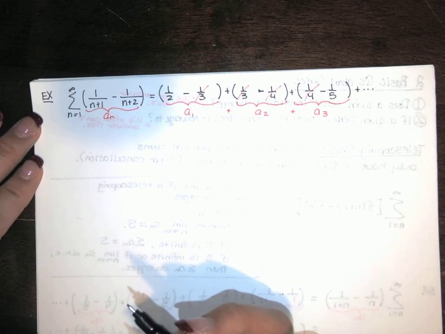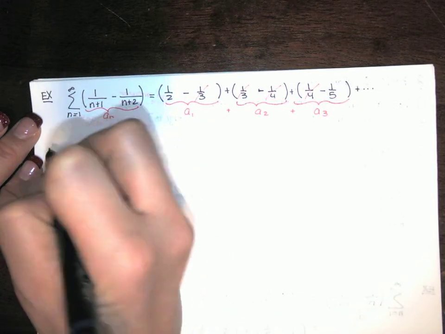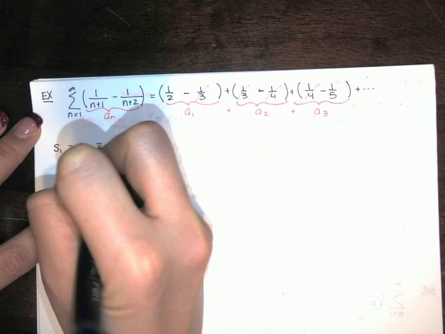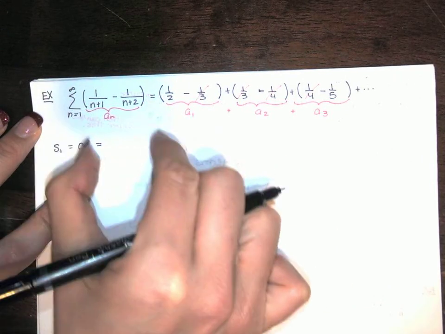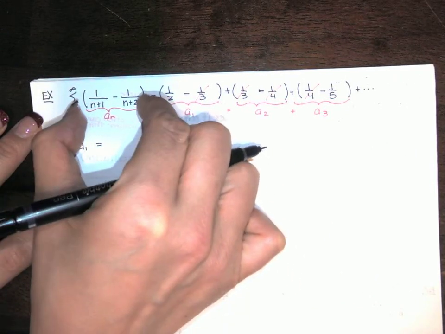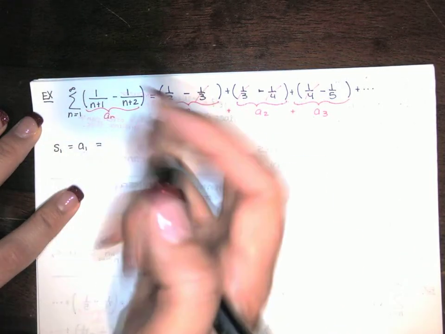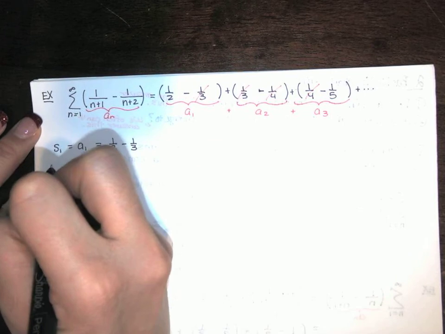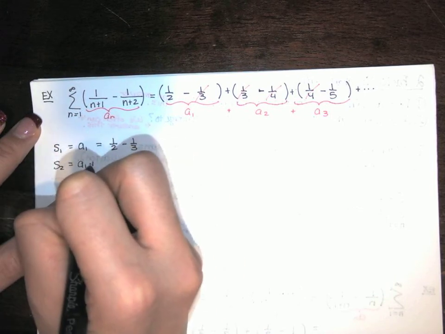So we're going to start by computing s sub 1, s sub 2, and s sub 3, and then looking for a pattern. So s sub 1 is just the first term. And I know the first term looks like it's got 2 terms in it. We're just treating the term as this expression here. That's a sub n. So a sub 1 is this 1/2 minus 1/3. No cancellations yet.